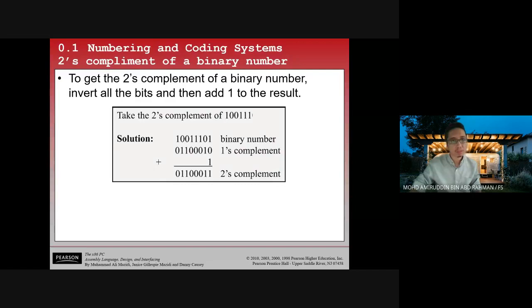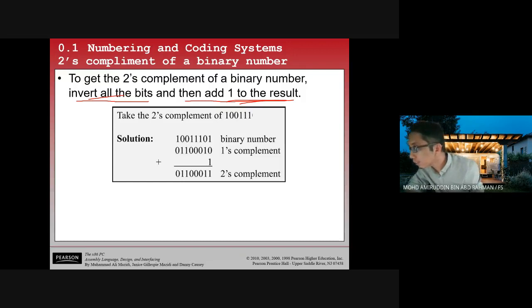Okay, look over here. As it says here, we need to invert all the bits and then add 1 to the result. So how to do that?